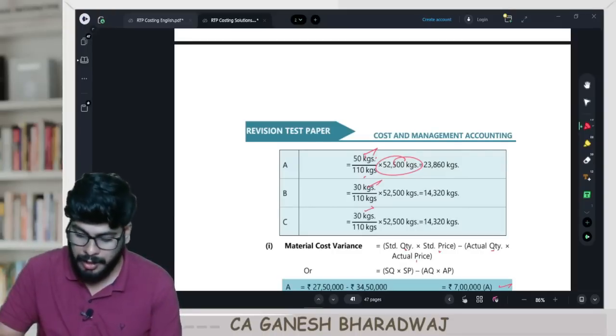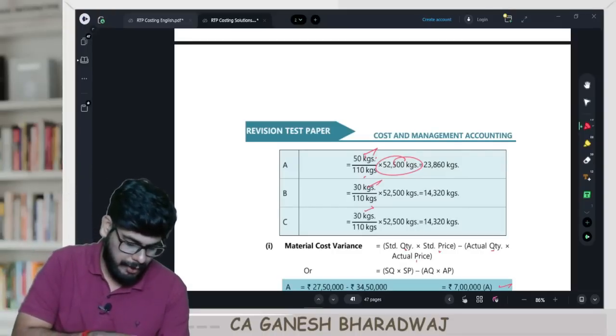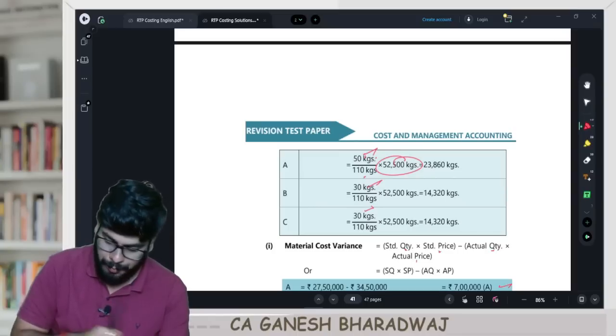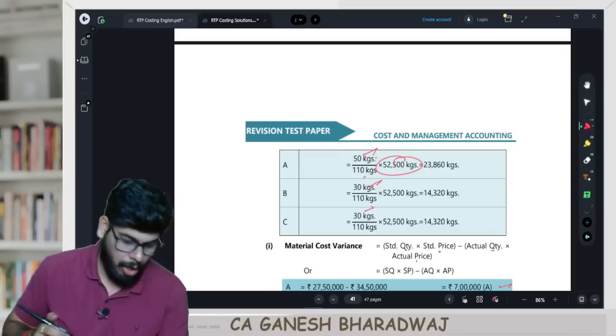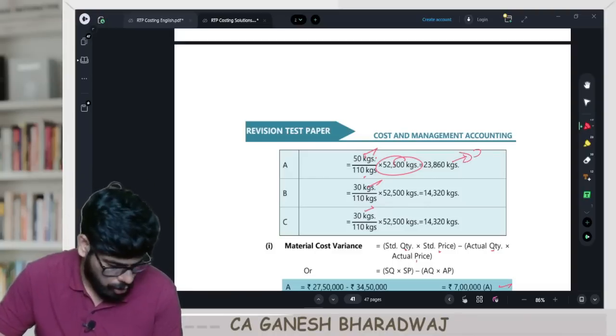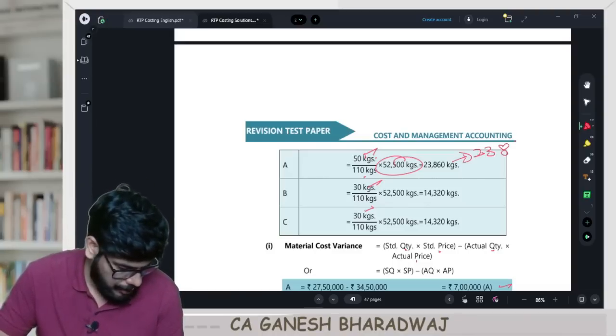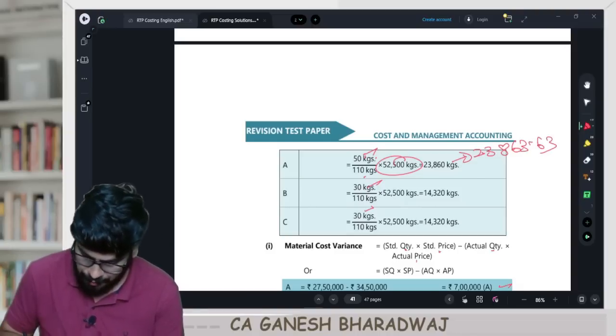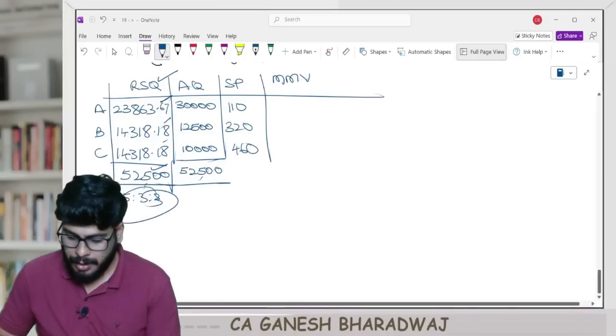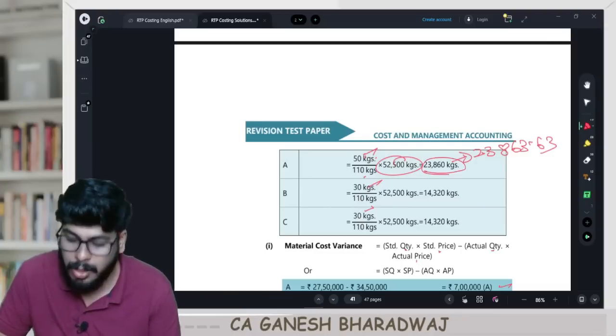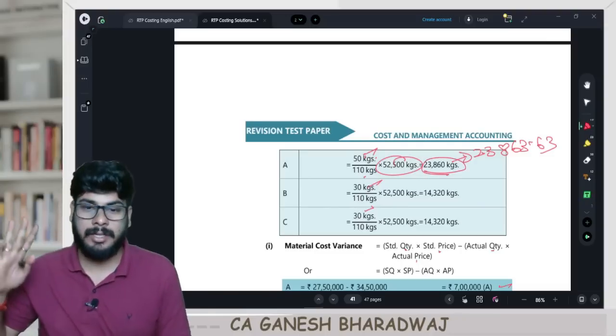But if you do the calculation, 50 divided by 110 into 52,500, it comes out to 23,863.63 something. But Institute has comfortably rounded it off to 23,860.